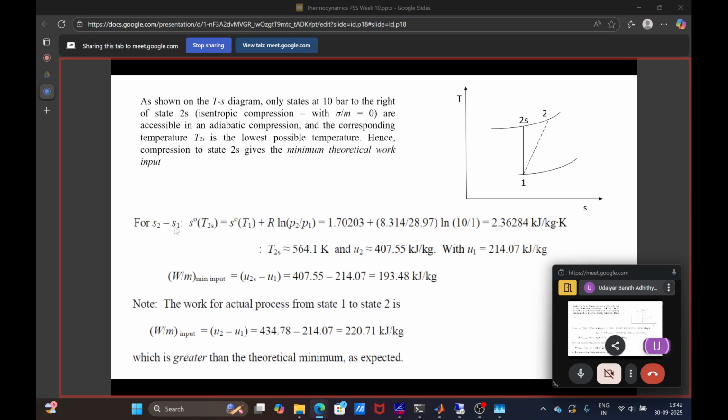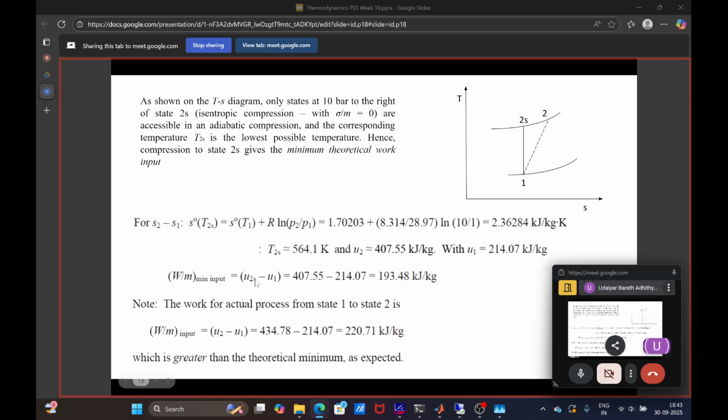So now with this entropy we can find the temperature corresponding to pressure of 10 bar and entropy of 2.36284. For this state point, your temperature comes out to be 564.1 Kelvin, and your internal energy corresponding to that point is 407.55 kilojoule per kg, and the initial U1 is 214.07 kilojoule per kg.